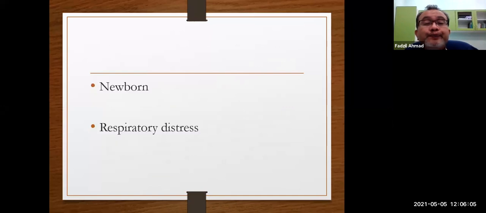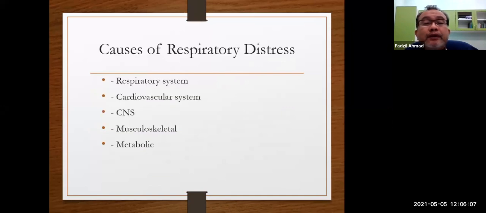There are many causes of respiratory distress in newborn. One is respiratory system, cardiovascular system, central nervous system, musculoskeletal system, and metabolic system. Metabolic problems.